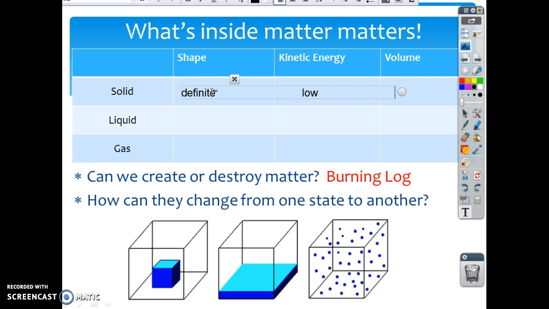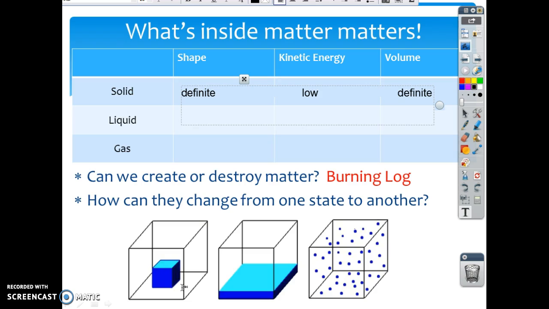And they also have a definite volume. If you look at this solid down here, you can measure its length times width times height to get its volume. So we're able to get our volume for that solid, and we're also able to say that it's a cube and that's its shape. But we know that it doesn't have no kinetic energy. It has a small amount.